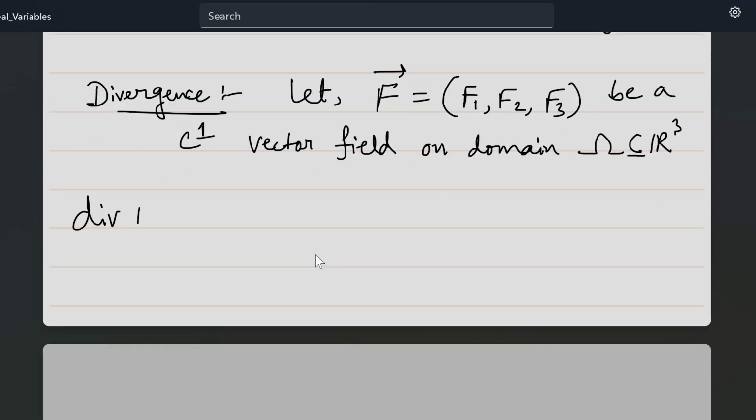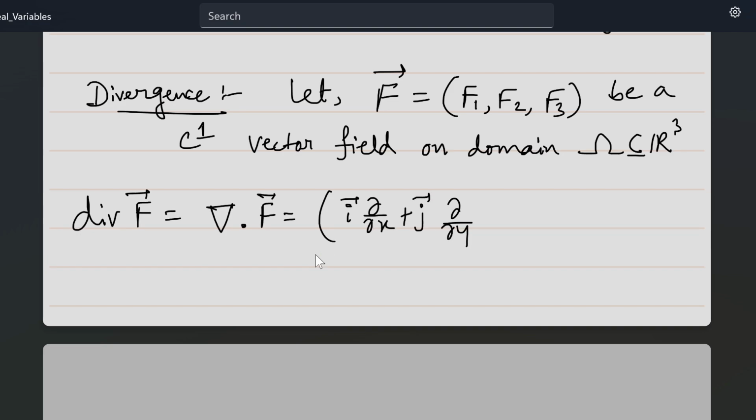Divergence of F is written as grad dot F, that is equal to, what is grad operator? i del x plus j del y plus k del z dot f1 i vector plus f2 j plus f3 k, right?